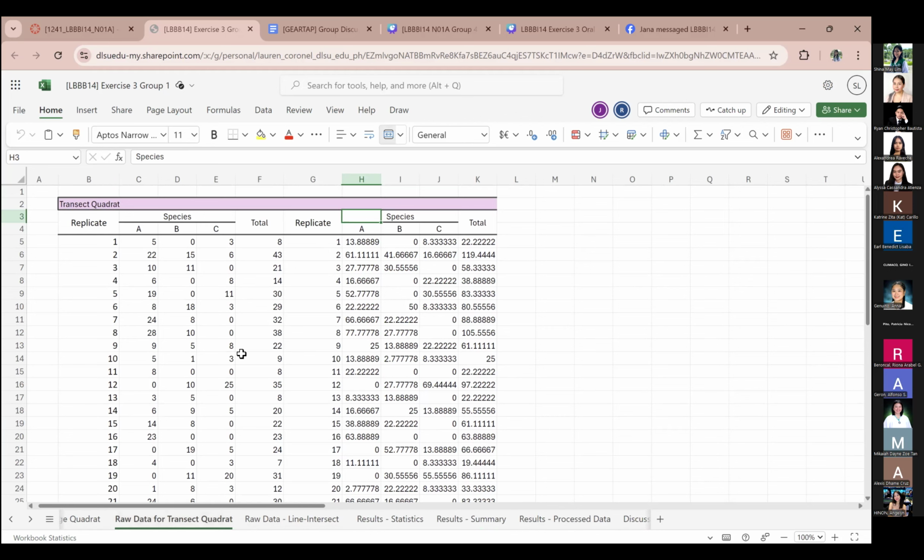Well, in order for me to make sure that your computations here are correct, I will need to see the subsamples, particularly since it's a little dubious na parang ang in-average is yung intersection points and not the cover. Kasi i-convert nyo na siya agad sa percent cover.